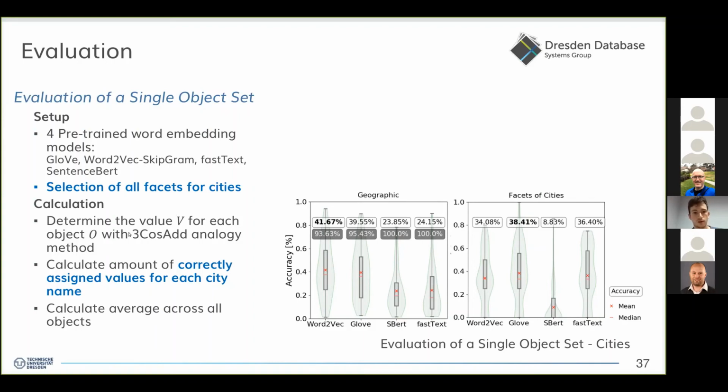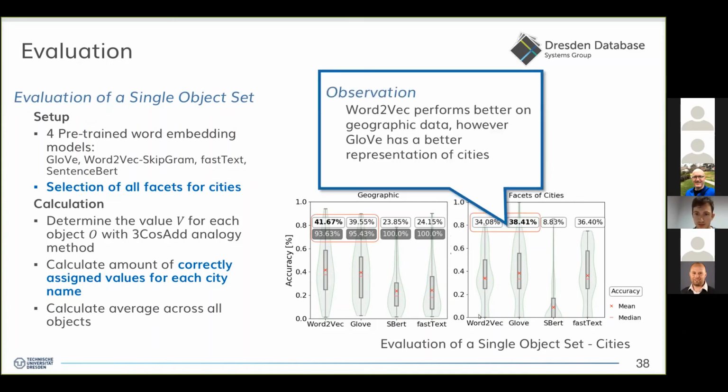And now we calculate the amount of correctly assigned values per city term. So not per facet. And here on the right, the distribution is shown for that. And then we also calculate the average across all objects.